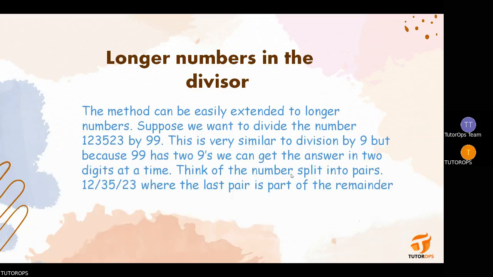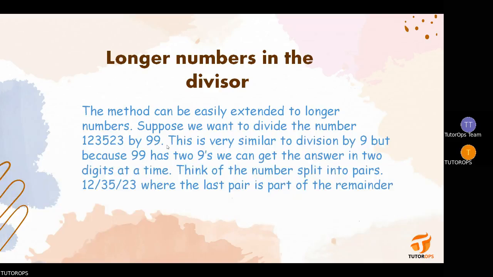The same method. Suppose we want to divide the number 123523, a 6-digit number, by 99. This is very similar to the division by 9 method, but because 99 has two nines, we can get the answer 2 digits at a time.